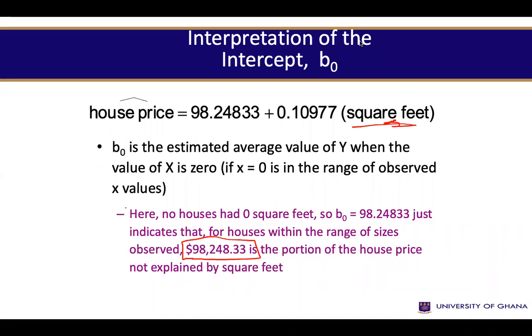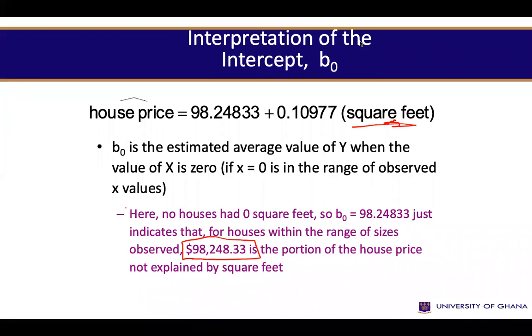You can't have a house without a size. But it just tells you that if I'm considering other factors, the other factors can also affect the price of the house.